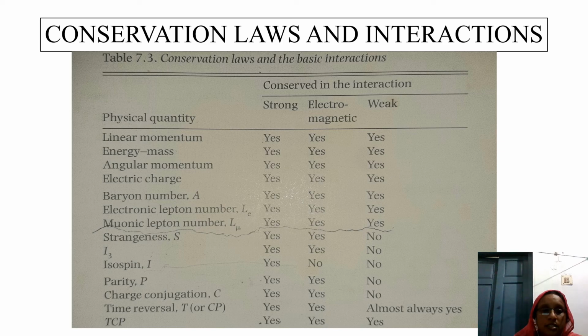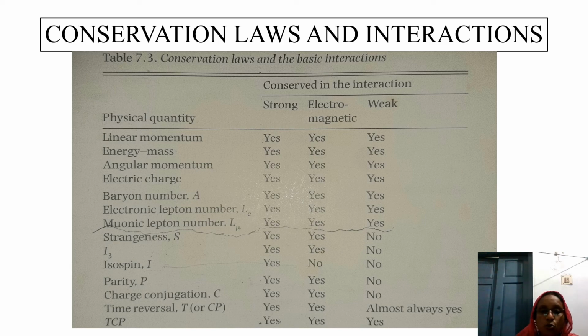Here you can see the different conservation laws we learned in this session. The first laws: linear momentum, energy, mass, angular momentum and electric charge. These are the classically important conservation laws, and you can see that they are obeyed by strong, electromagnetic and weak interactions. Then come new conservation laws connected with baryon number, electron lepton number and muonic lepton number.